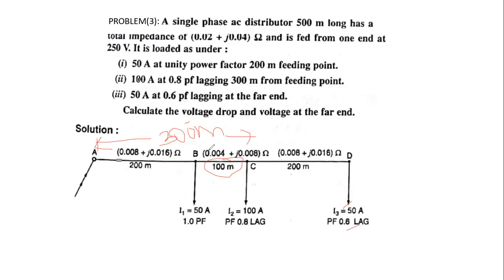The total length is 500 meters, and up to point C it is 200 plus 100, that is 300 meters from A. Therefore, the total length from A to D is 500 minus 300, that is equal to 200 meters.